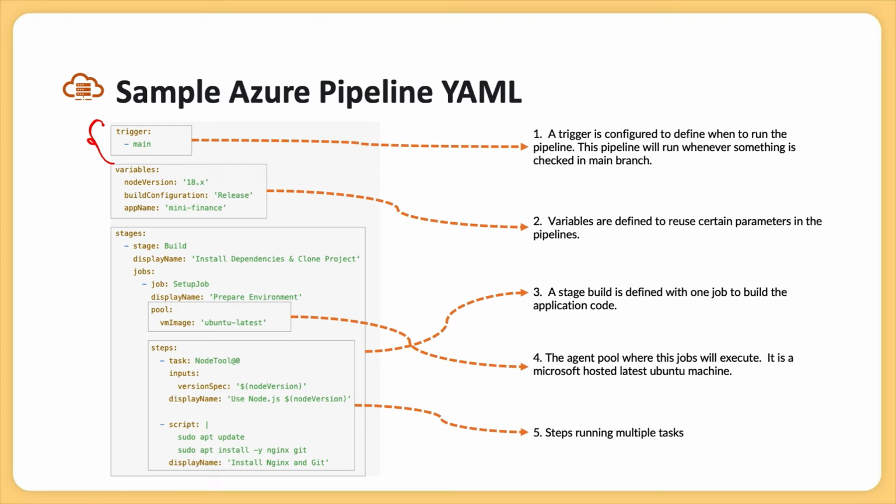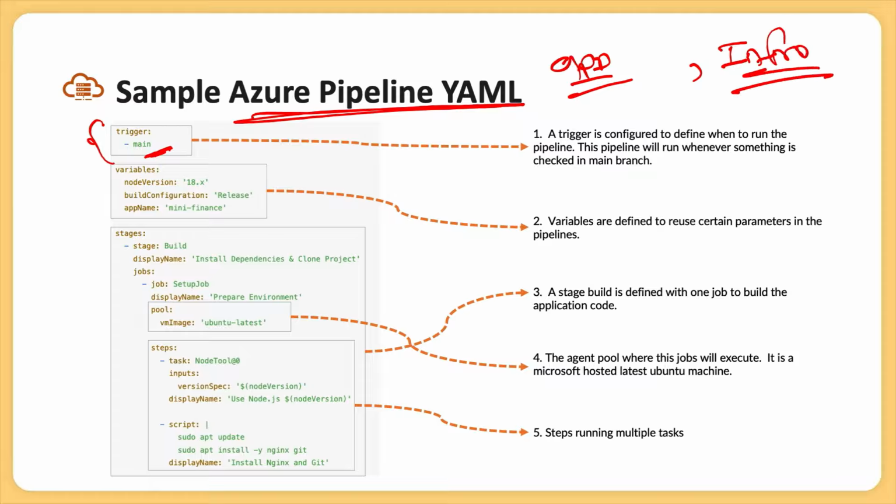So here you see trigger, and this trigger is main. We are saying that when there is any change in the main branch where this Azure pipeline exists, if this azure-pipelines.yml exists in your application code, or maybe in your infra code, then if someone pushes code to the main branch, this whole pipeline is going to be triggered.